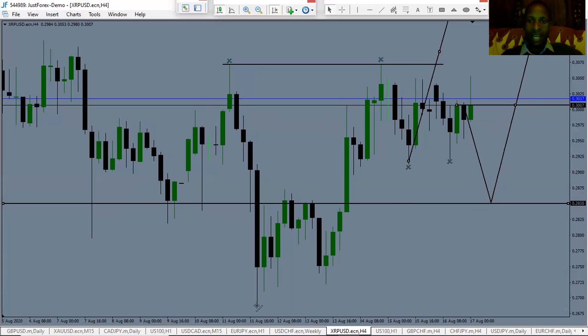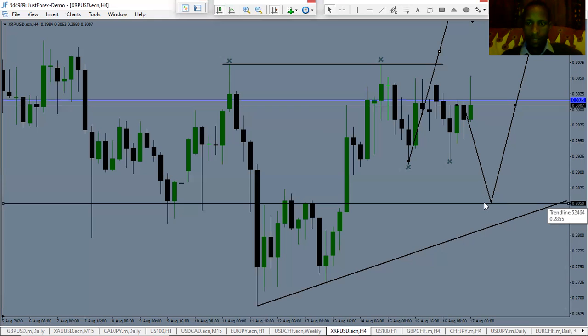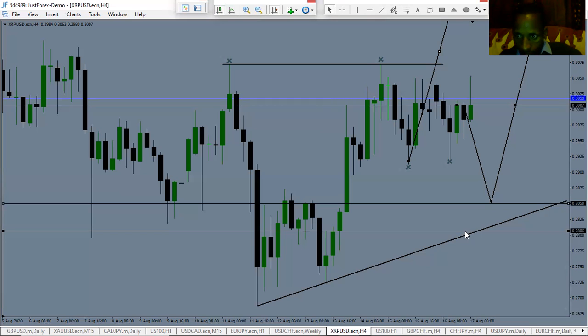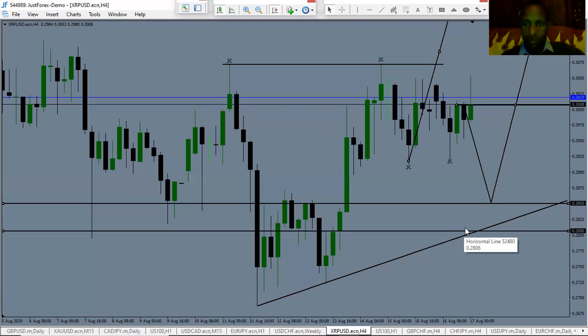Or I can just put a trend line like this. Our market structure is still aligned. Or you can just expect the price to trade again at this point, at 28 cents here. This is what we have to expect.